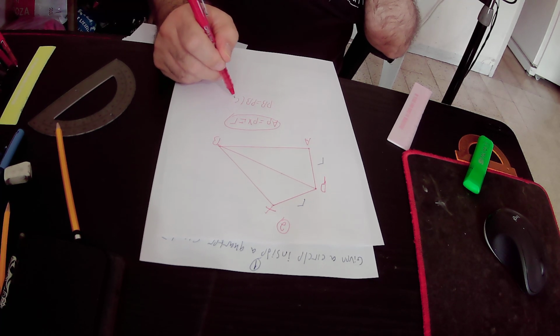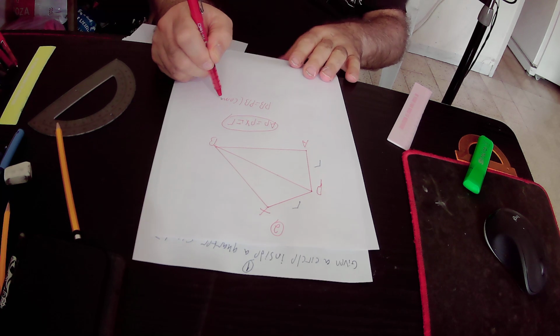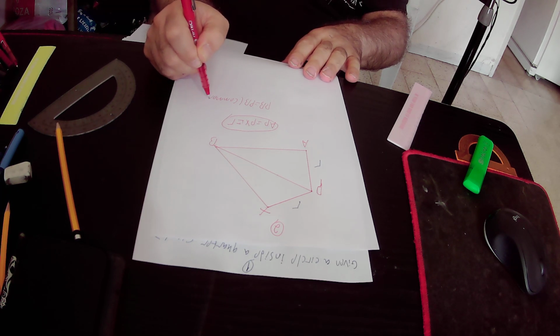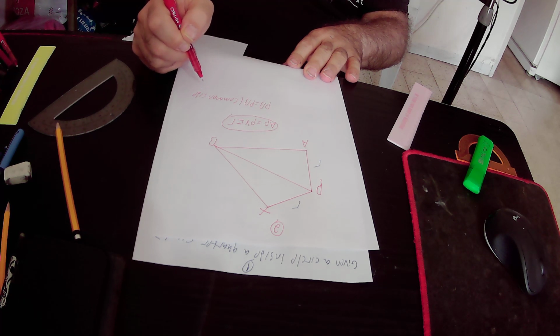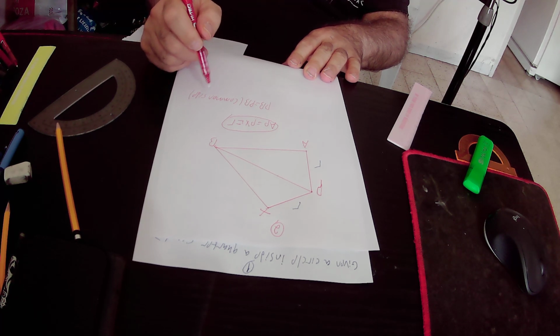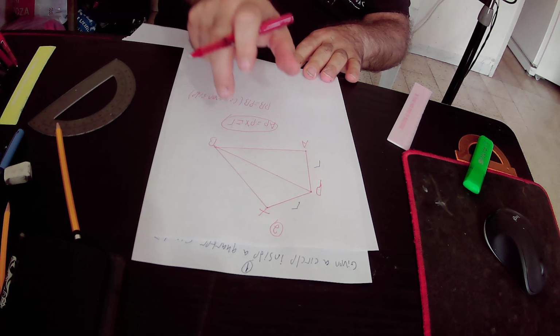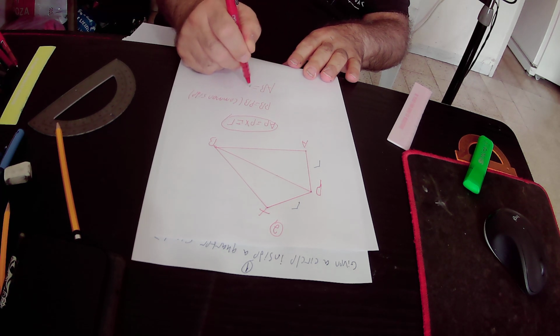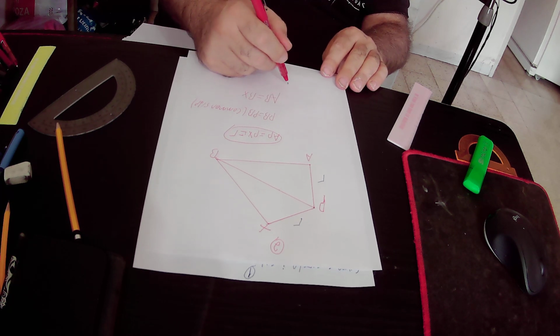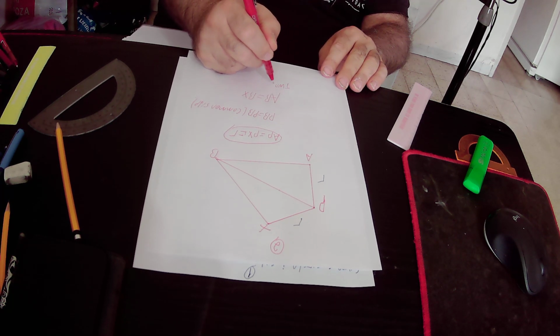It is actually a common side. And AB equals BX, according to the two tangents theorem.